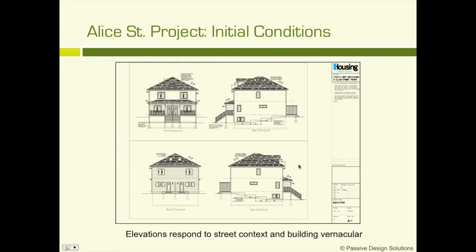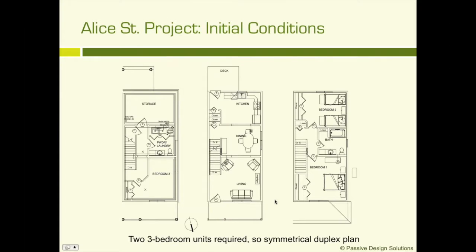The initial design really responded to the street context and the building vernacular, and it was actually quite good as a compact building design. These little dormers are just false roof vents, so it's just a duplex, and it's a cube. So it should have performed quite well.